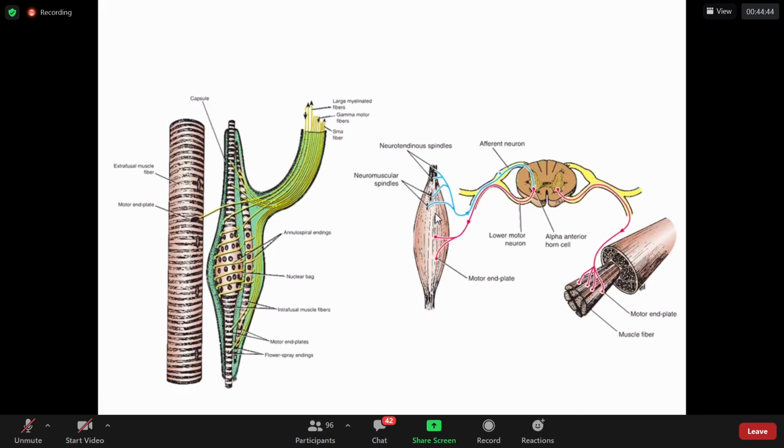So these monosynaptic reflexes are very important in maintaining the muscle tone and posture. How?